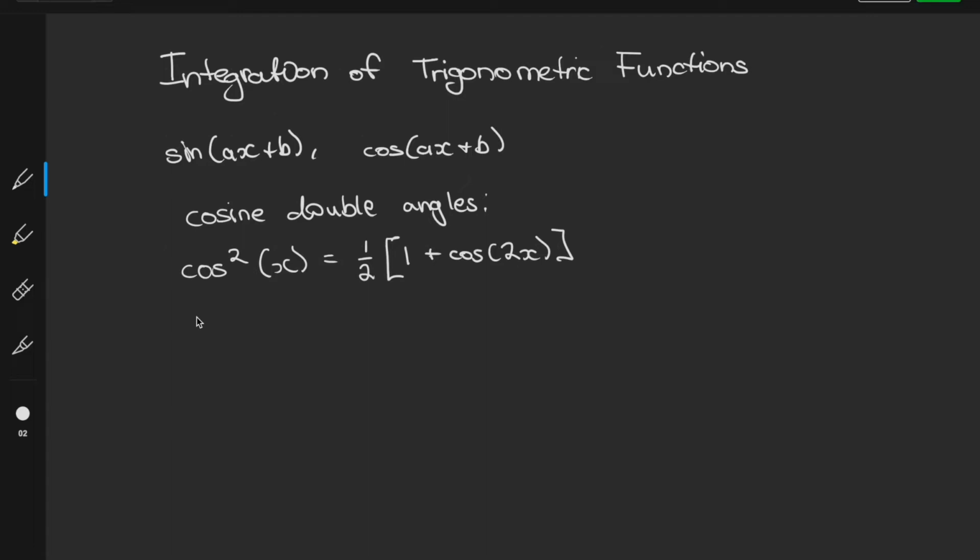And then similarly for sine squared x, it is almost the exact same thing with the half and the 1 here. There will be a cosine 2x, but there is a minus here instead of a plus.